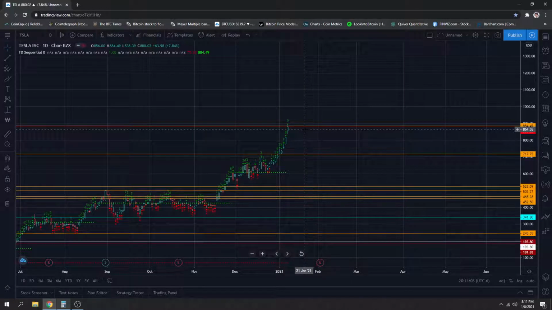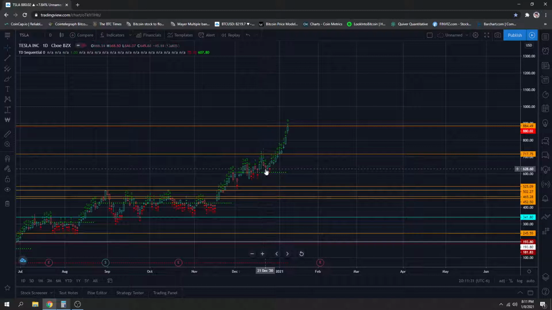You can't always be worried about getting the top. Very few people get the top. Basically, the person who got the top was the fool who bought, and the genius who sold to him, right? Who got the top. And the bottoms as well. Bottoms are extremely hard to catch.